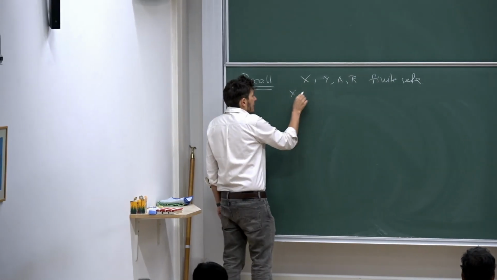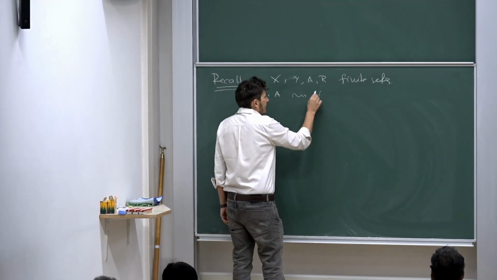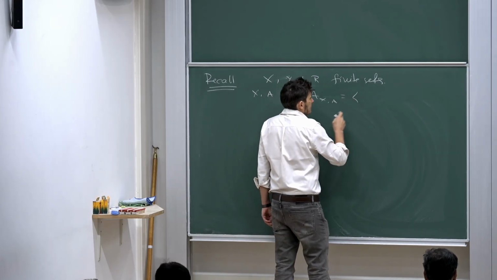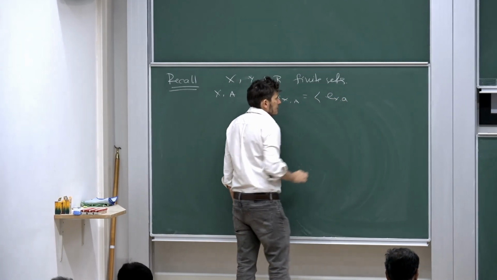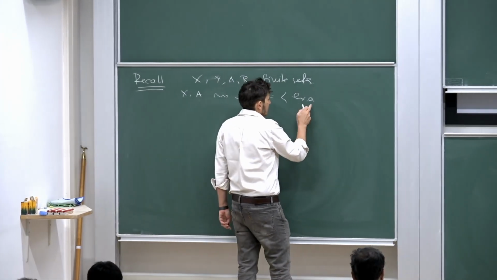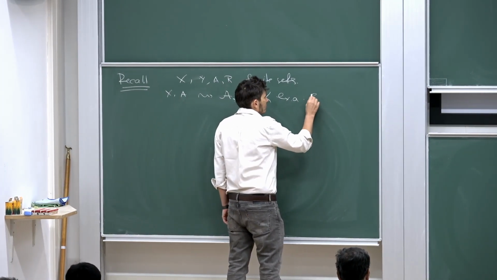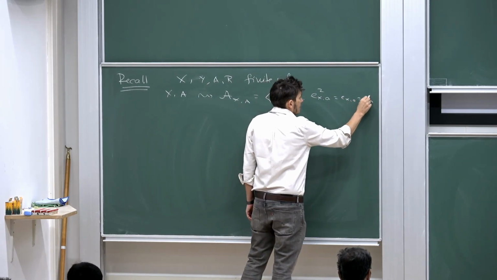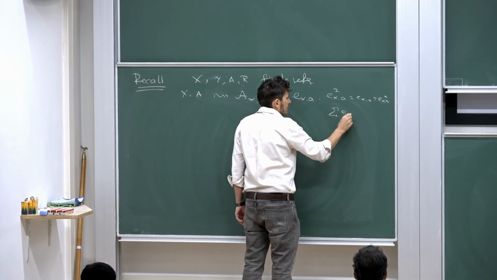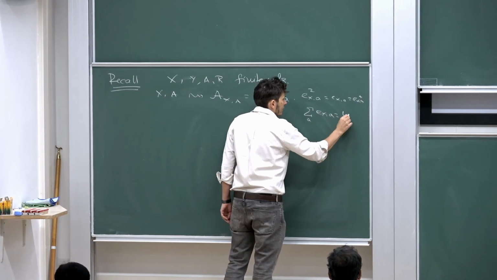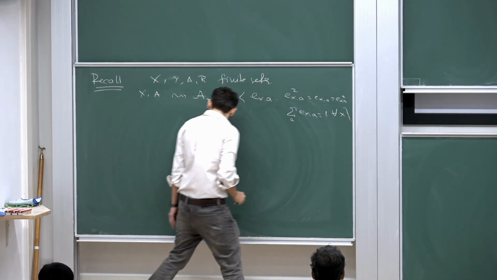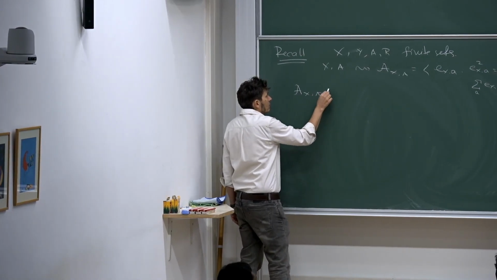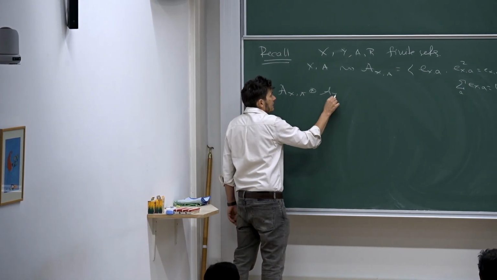If I take X and A, I associate with that the C-star algebra, generated by elements E_{xa}, x from capital X, a from capital A, which are orthogonal projections, and they are PVMs over A for every x. Now I'm considering the maximal tensor product of these two, Alice's side and Bob's side.